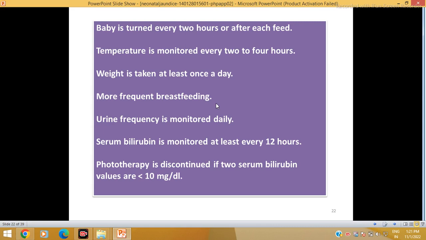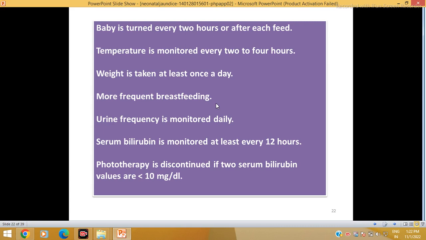Weight is taken at least once a day. Every day we should take the weight at the same time. Then next is more frequent breastfeeding. As we have already discussed, breastfeeding is a must for resolving these conditions, and in jaundice also breastfeeding is very essential and good for the baby.